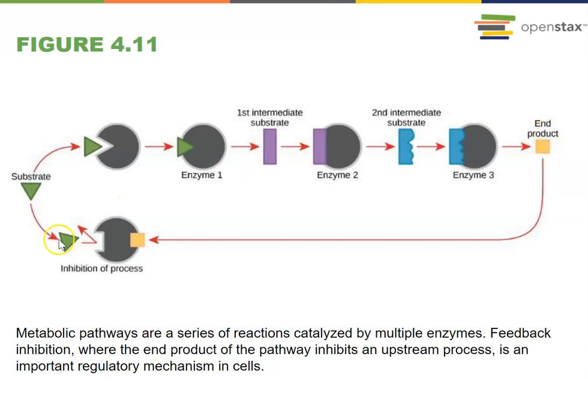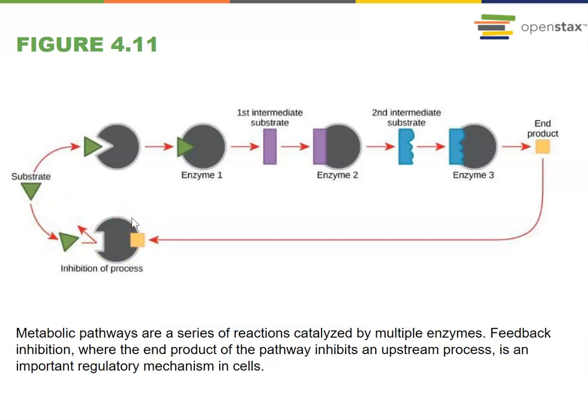So we went from a green triangle to a yellow square. It's also showcasing that this can be an inhibitor of our original enzyme. If this yellow square binds here, the process won't even get started.